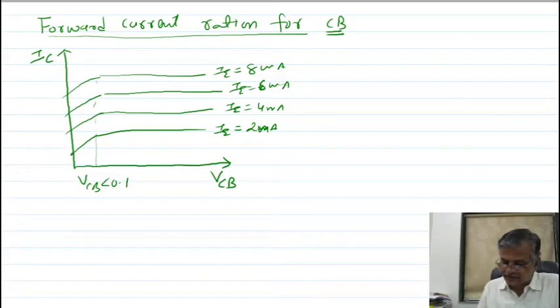See, this value is very small, nearly about 1.98 for the 2 milliampere. So the collector current is always less than the emitter current.